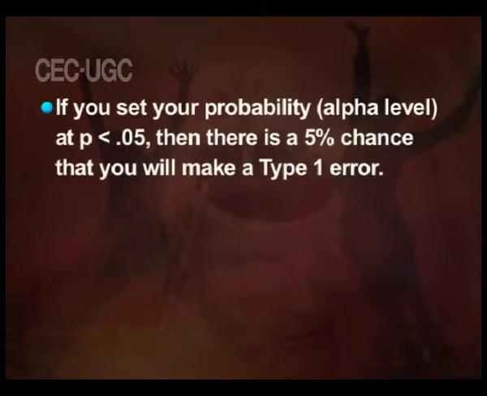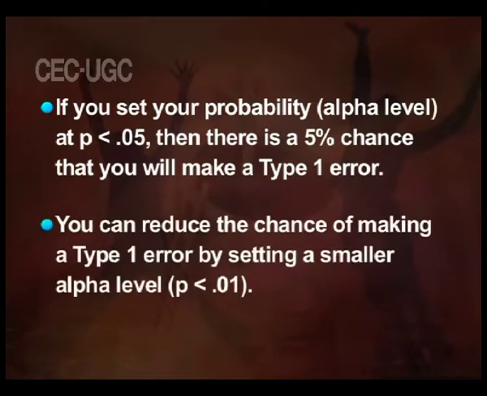If you set your probability or alpha level at p less than 0.05, then there is a 5% chance that you will make a type 1 error. You can reduce the chance of making a type 1 error by setting a smaller alpha level, such as p less than 0.01.